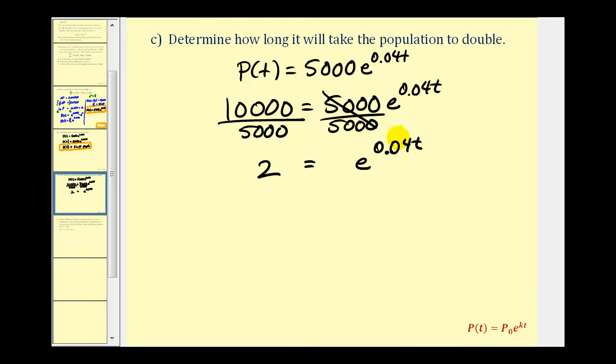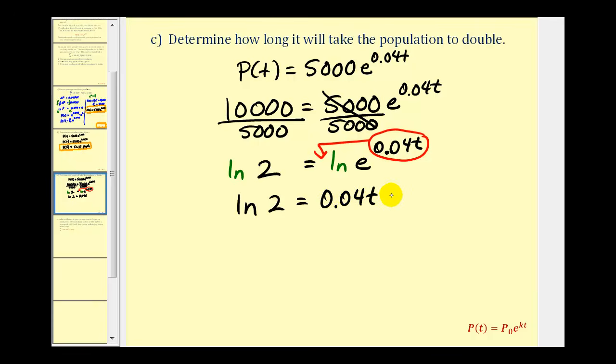And to solve for t, we'll have to use the properties of logarithms. We'll take the natural log of both sides of the equation. So on the left side we have natural log 2 equals, here we can apply the power property of logarithms. We can take this exponent here and move it to the front. So we have 0.04t times natural log e, but natural log e is equal to 1, so that simplifies out.